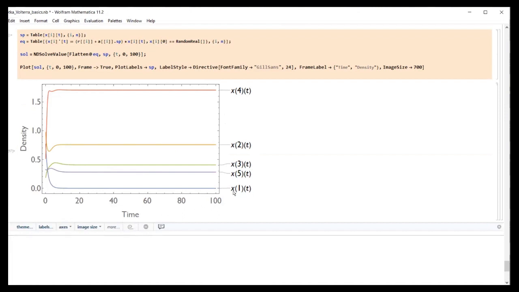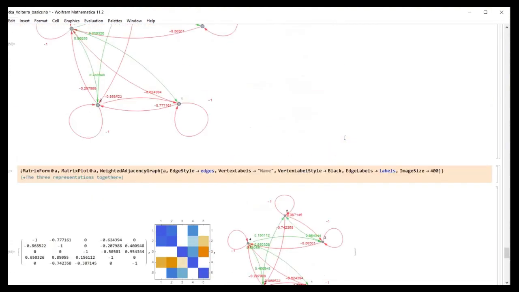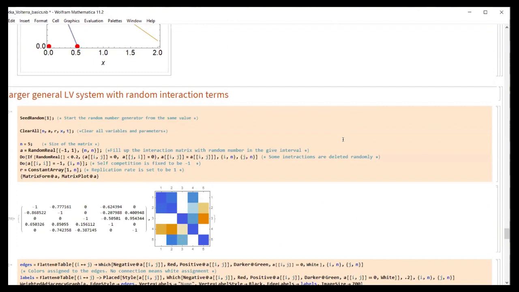In this case, you know that x1 disappears from the system, and x2, x3, x5, and x4 remain in stable coexistence. So you have a real option to analyze a larger system, and you can see that in a very compressed manner you can define anything in this software.